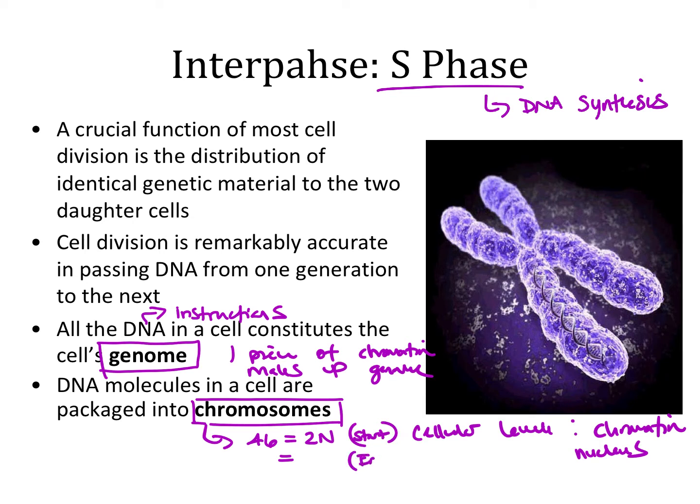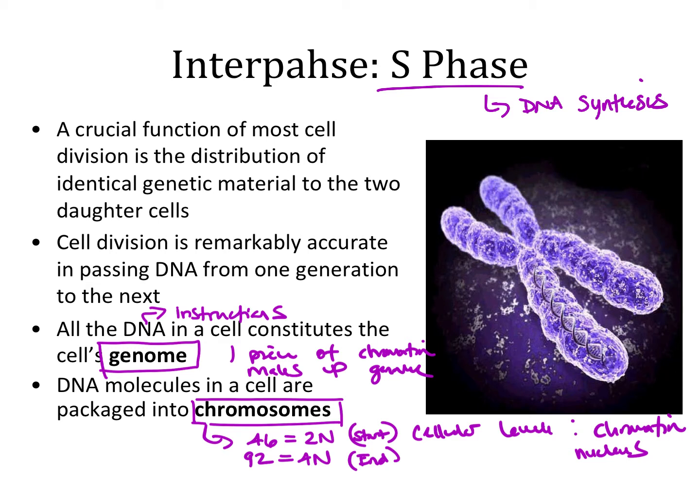What do we end with? We end with 92, and 92 is equal to what? 92 is equal to 4N, okay? Because I had 46 to start with, right? And what do I do during the S phase? I make a complete copy, right? So if a complete copy is 46, I end up with 92.